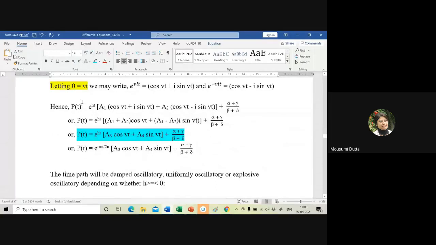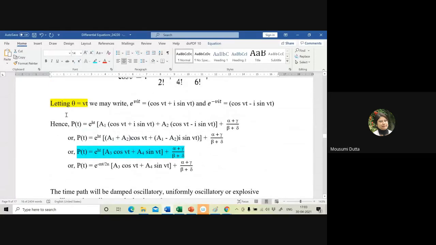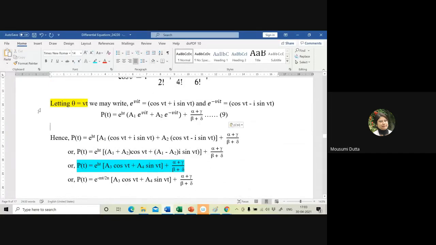So if this is equation number 9, in this equation, in place of e to the power Vit, I am putting this, e to the power minus Vit, I am putting this, making some adjustment and getting this time path. Okay, so this is another presentation of equation number 9 in terms of sine and cos functions.